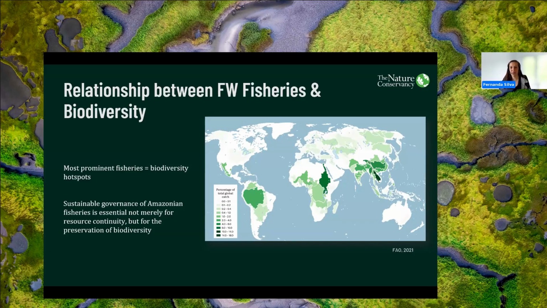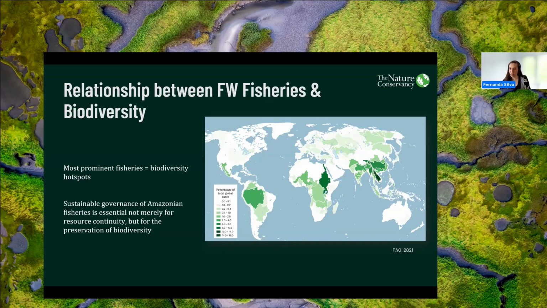And this connection between biodiversity and fisheries implies a responsibility. If we want to conserve freshwater Amazonian biodiversity, we must pay close attention to fisheries management.